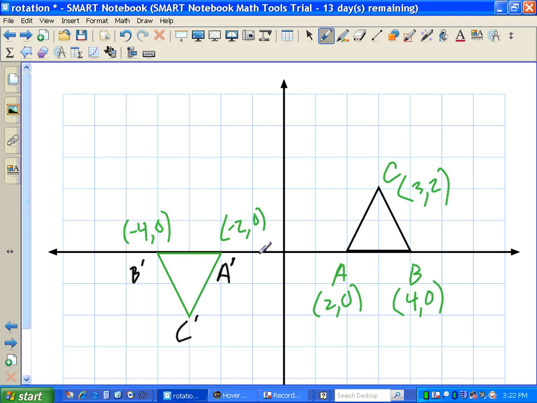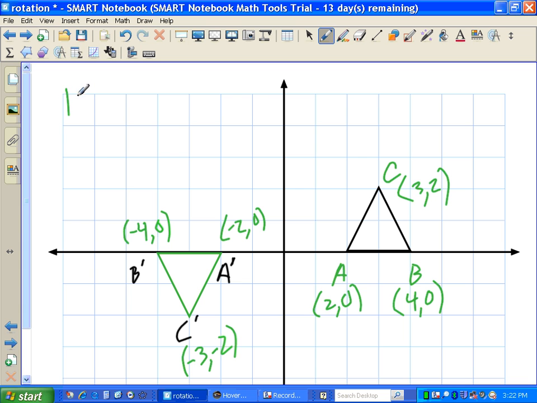And this last point is at -3, -2. So the points stayed in the same order, did they not? Stayed in the same order, but what happened is the sign changed. On these it just changed on the front coordinate, but you can't really have positive or negative zeros there. But this point C is the one that gives us the clue as to what the rule should be.